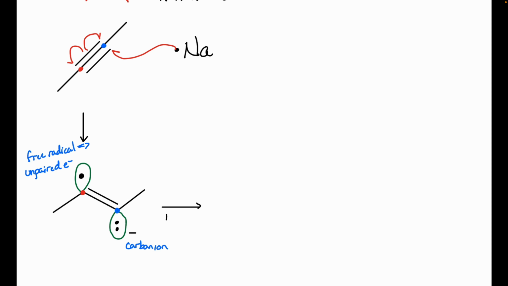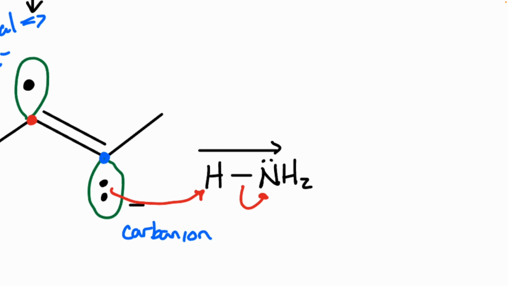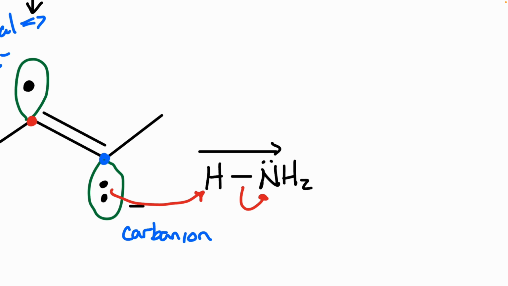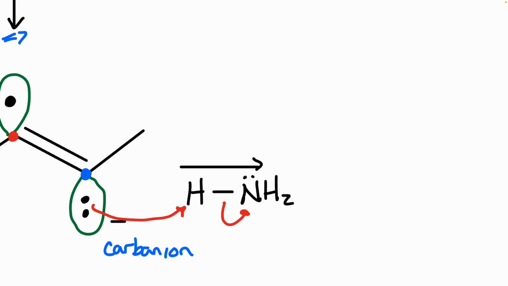Okay, so in the next step, now our solvent is going to be important. That carbanion is going to reach out, grab that hydrogen. Notice now I'm using a double-headed arrow because I'm showing the movement of not 1 but 2 electrons.